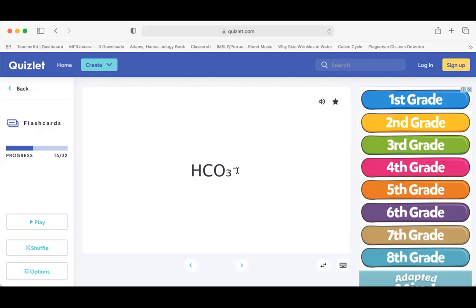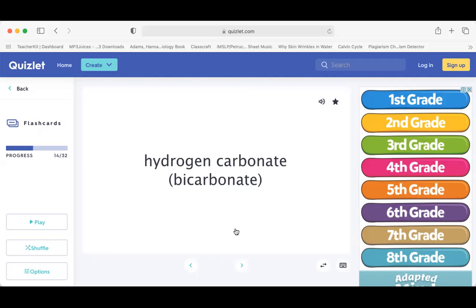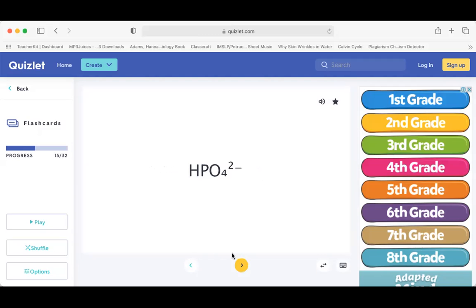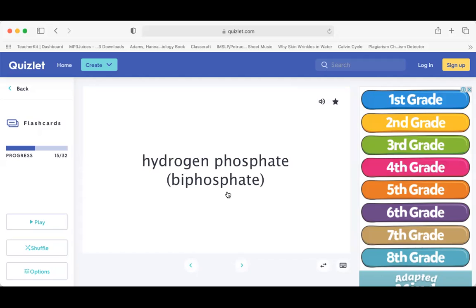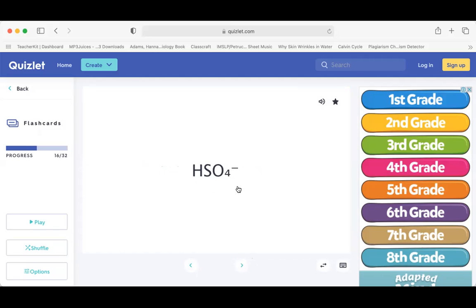HCO3 minus can either be hydrogen carbonate or bicarbonate, either one. HPO4 minus 2 is biphosphate or hydrogen phosphate, either one. HSO4, bisulfate or hydrogen sulfate. So you notice all the ones that have just one H in the front, their prefix can be bi.